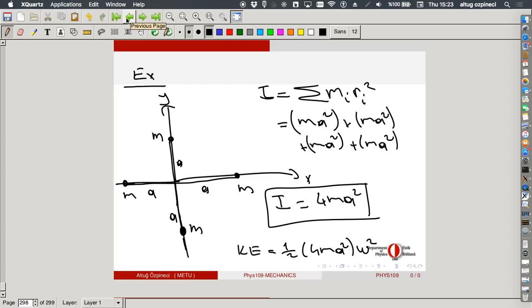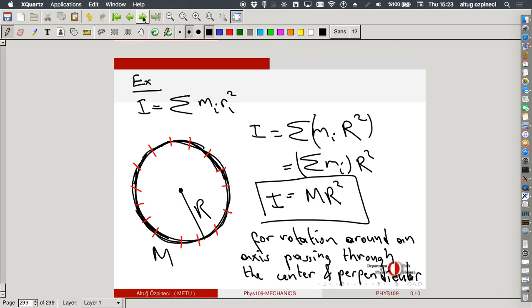But the mass is not uniformly distributed. It is localized only at 4 points. But whether it is localized or not, at least in this special case, as long as you have a ring, the moment of inertia for rotations around this center is always the mass of the object multiplied by the radius of the ring squared. Okay.